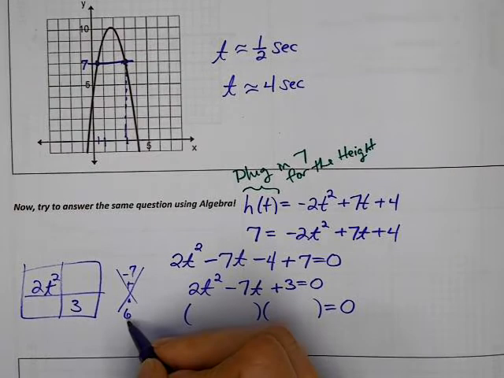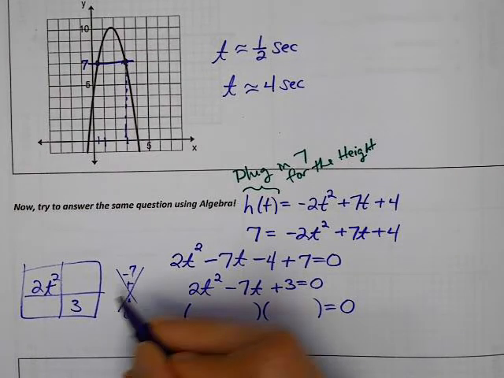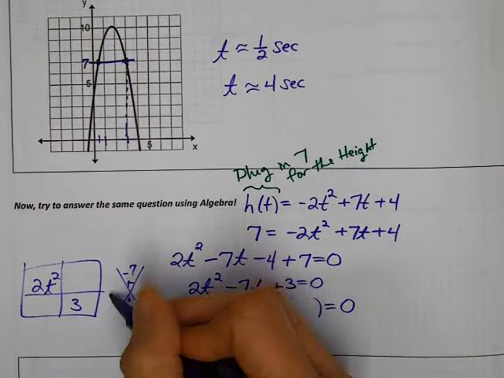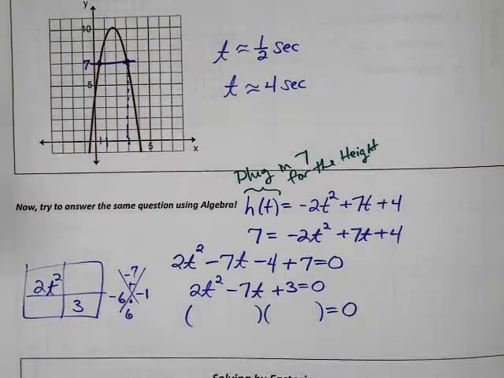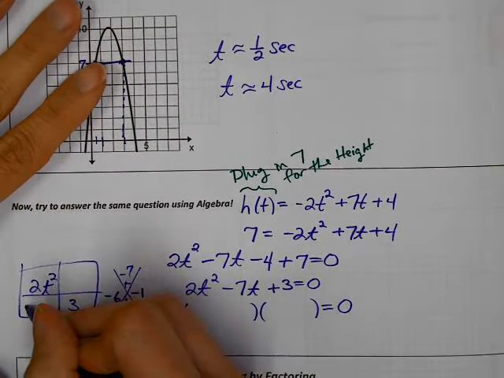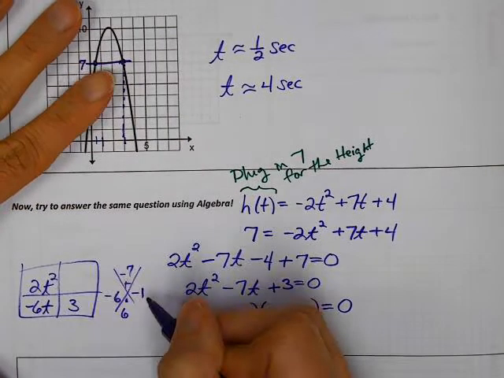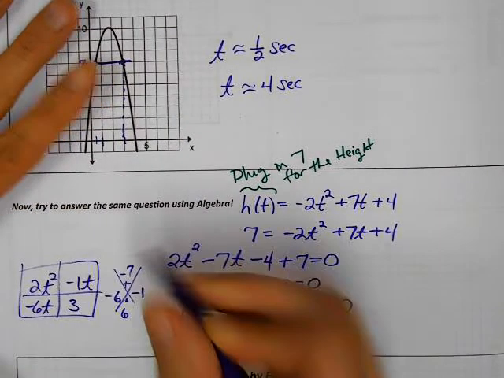How am I going to make a 6? 1 and 6 or 2 and 3? I think they both have to be negative. 2 plus 3 doesn't make 7, but 6 and 1 does add to negative 7. So the numbers are negative 6t and negative 1t.